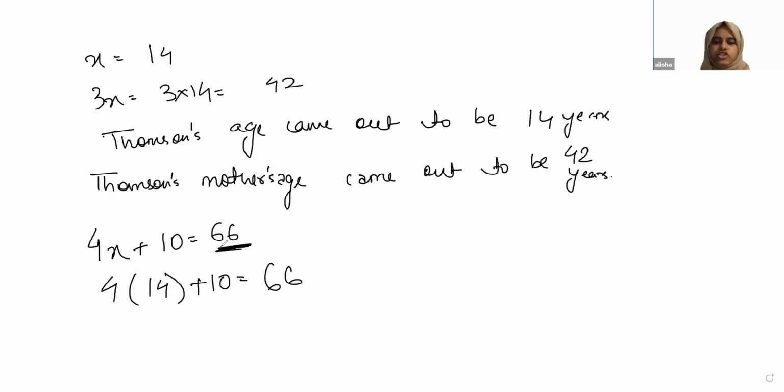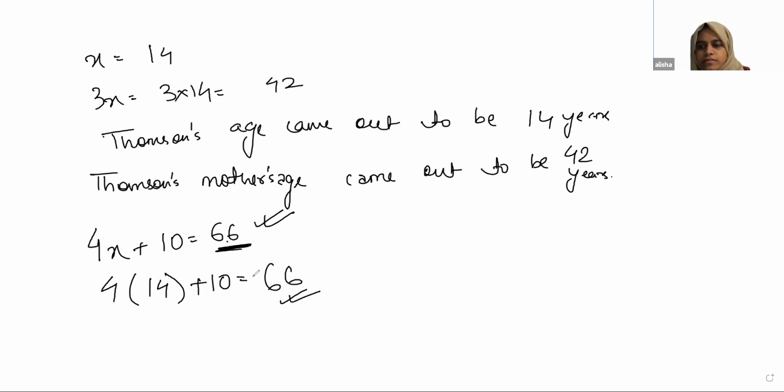In the equation you have written 66. So this is a method of checking. Wherever you put your value of x in your final equation, you should get the same answer. 4x plus 10 equals to 66. We didn't know what x was. Now we know that x is 14. So we multiplied 4 by 14 plus 10 equals to 66. We have just put down the value of x in the final equation, and the answer came out to be the same, 66 and 66. So in this way you can check your answer.